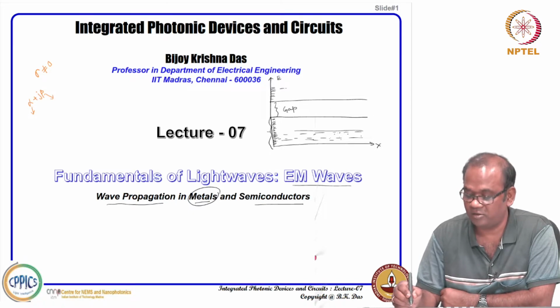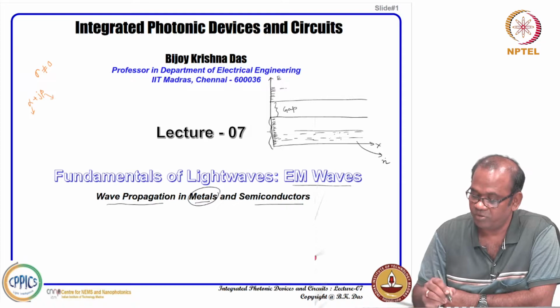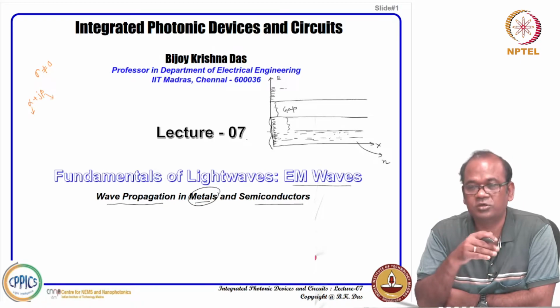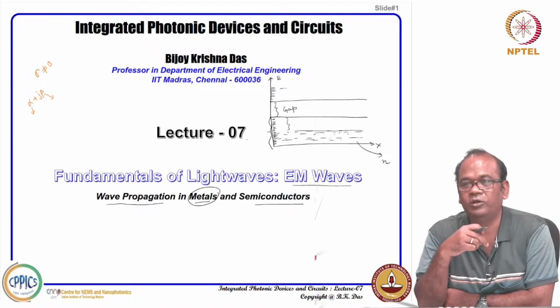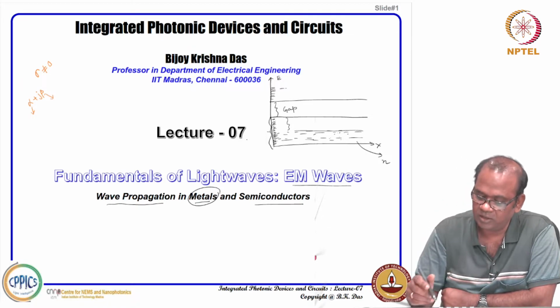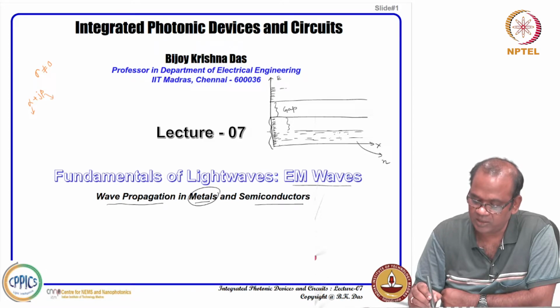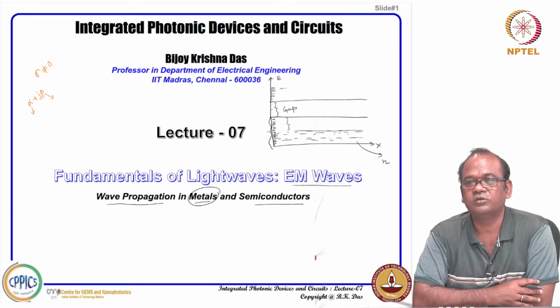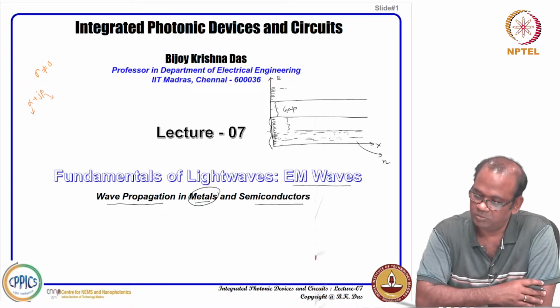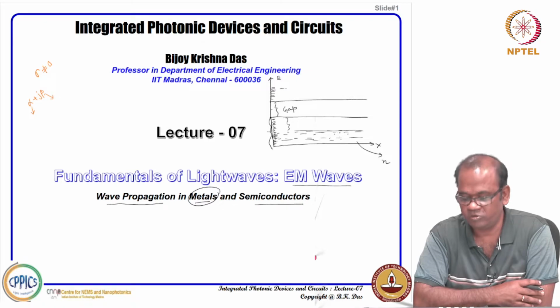So, some kind of electron density n will be there, occupied up to some level, and above that, in this region, the density slowly reduces at higher energy states following the so called Boltzmann distribution. More density will be at the lower energy levels, and it slowly reduces at the higher energy levels. So, the density of states is distributed according to the Boltzmann distribution, or Fermi-Dirac distribution, you can say.